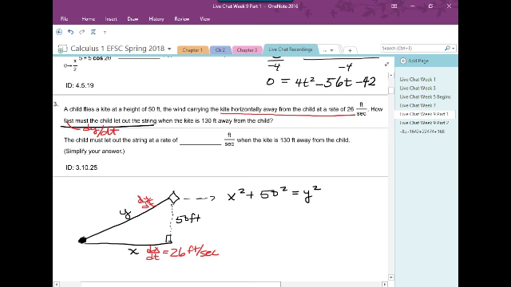We need a relationship not just between x and y, but we're also interested in dy/dt and dx/dt. So we need to find a relationship by taking the derivative with respect to t of both sides of this known relationship. So I'm going to take the derivative with respect to t of both sides, and we're going to get 2x, plus the derivative, or actually, bad teacher, 2x, if this was the derivative of x squared with respect to x, it would just be 2x, right?